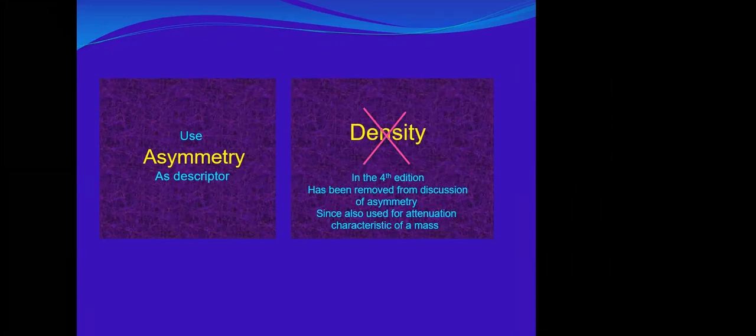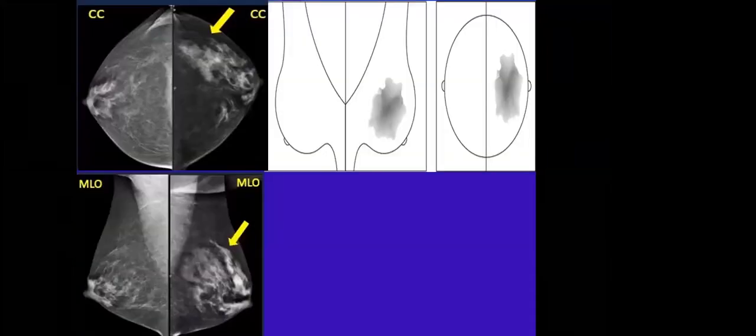No more use of density, to avoid confusion with the descriptor of density used as reflecting the X-ray attenuation characteristic of a mass.